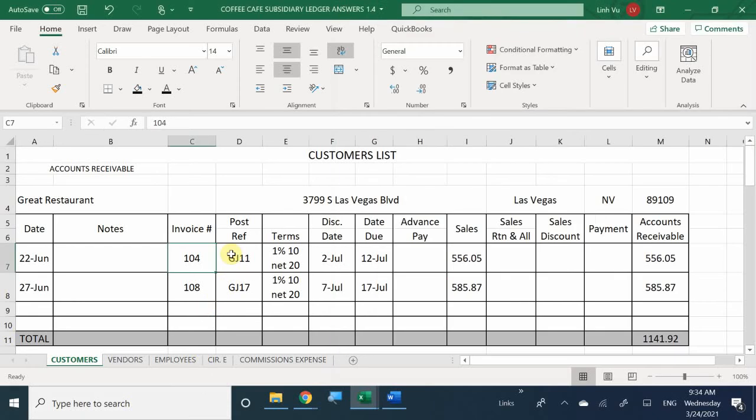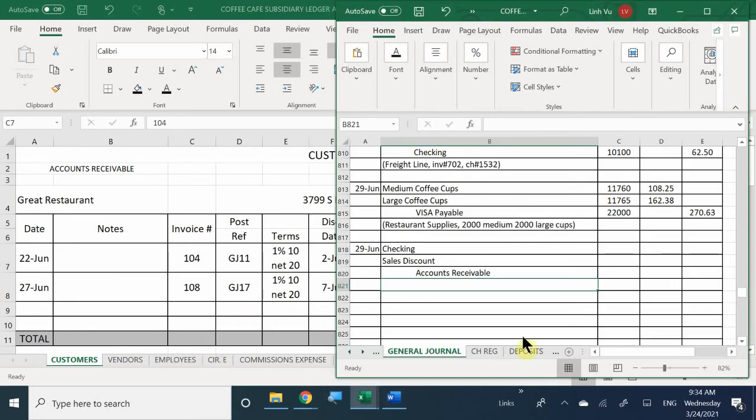They owe me $556.05. Okay, so if I subtract the $30 delivery charge, how much do they actually owe me? 526.05. So what's 1% of $526.05? 5.26 or 27. Okay, so that's gonna be my discount.